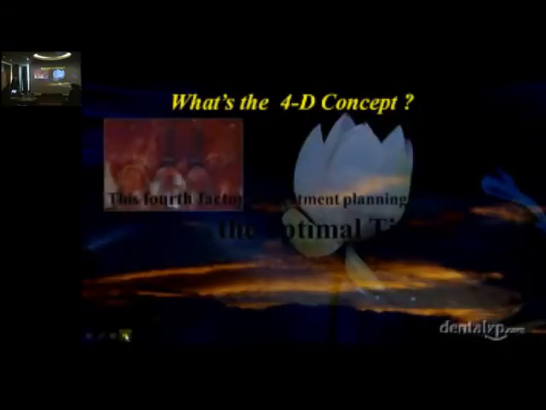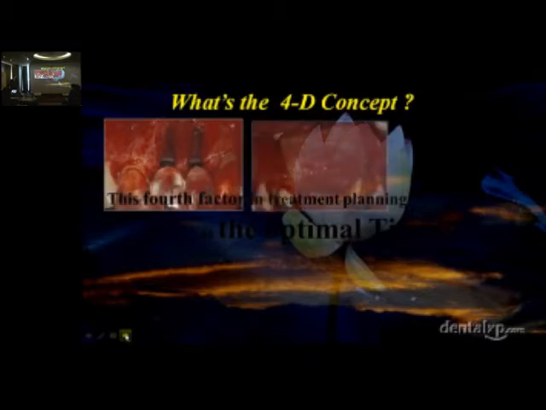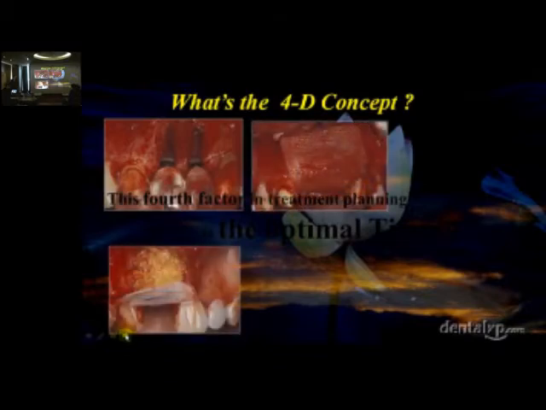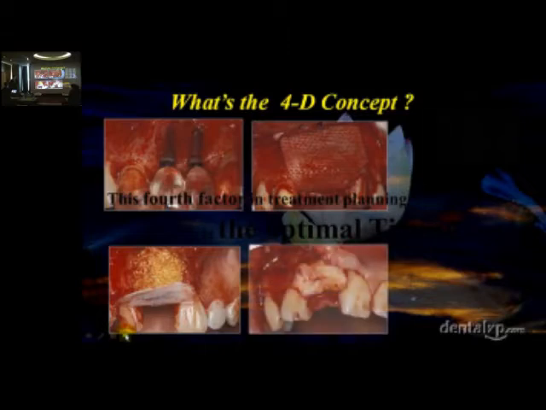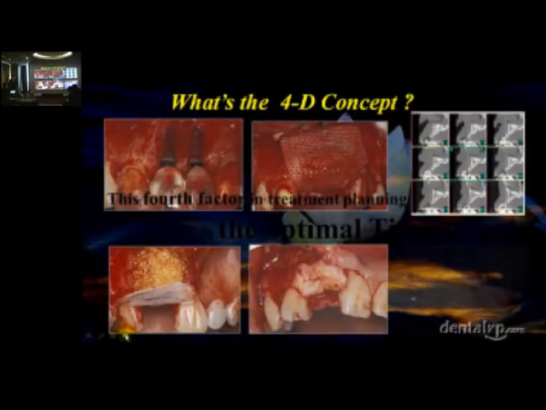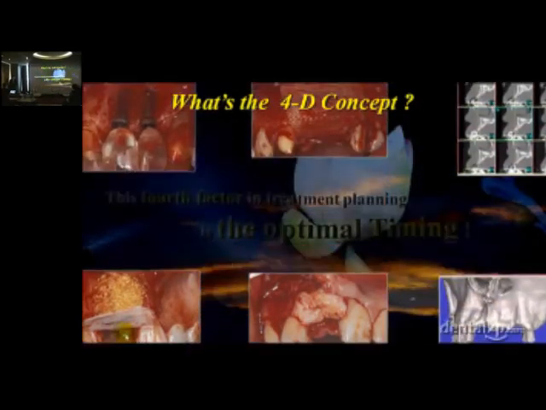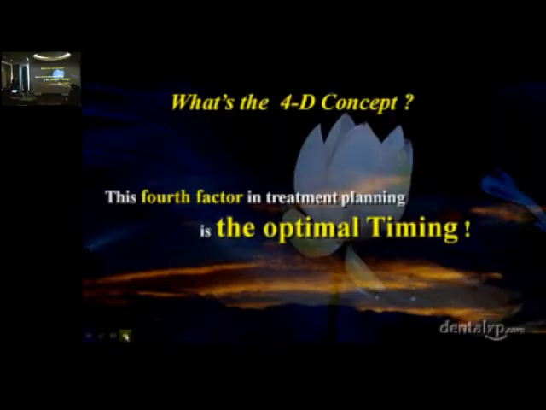To achieve an optimal aesthetic result, beyond utilizing the most appropriate clinical technique and instrument, I felt we need to think about an additional factor associated with the timing of procedures during the treatment sequence. I propose we should include the selection of the optimal timing of each clinical procedure as a new fourth factor.